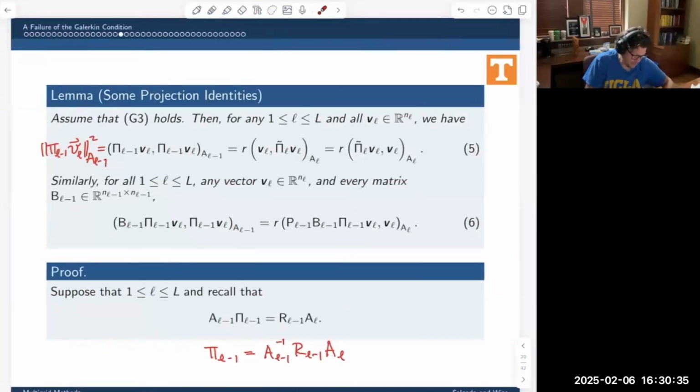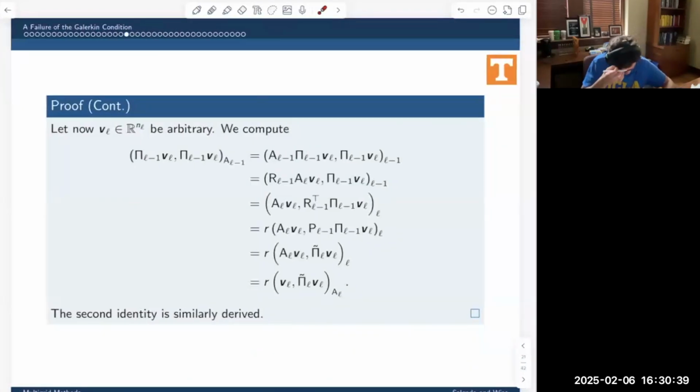Now, we want to show that this works out to be this, so let's figure out how that happens. Let's start with this object on the left-hand side and play around with it. If we're operating in the A_l inner product, we can always change that to a canonical inner product on level l-1 by multiplying on either the right or the left by this matrix A_{l-1}. That's how this is ultimately defined.